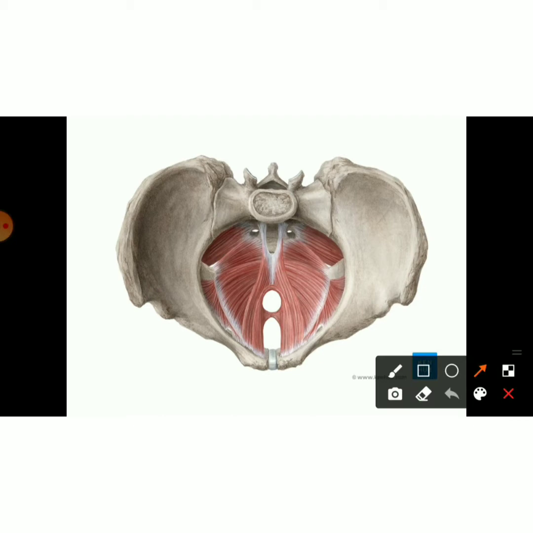So this iliococcygeus arises from the posterior half of the white line. So it is arising from the ischial spine also. So this is the ischial spine and this is the posterior half of the white line, right? So these are the two origins of the iliococcygeus muscle, and it is getting inserted to this anococcygeal raphe, and also to the lower two pieces of the coccyx.